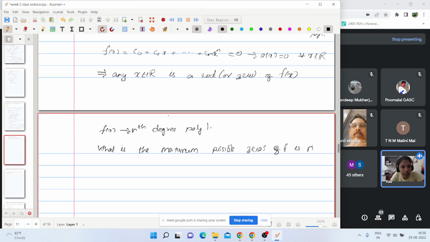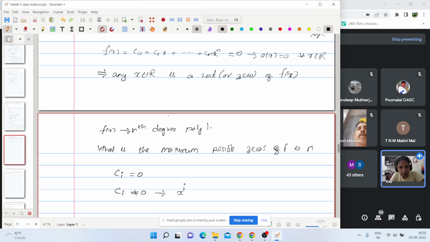Trivially a 0 function means all the C0, C1, etc. must be 0, that is, Ci should be equal to 0. If at least one Ci is not 0, then correspondingly we will have one x power i there, and this can have at most i zeros.